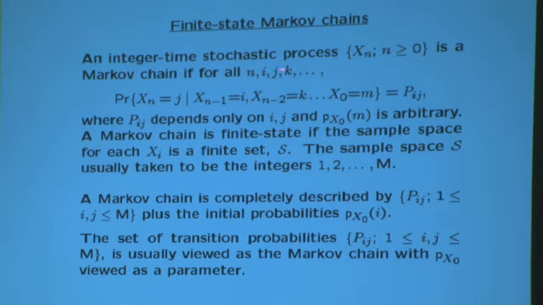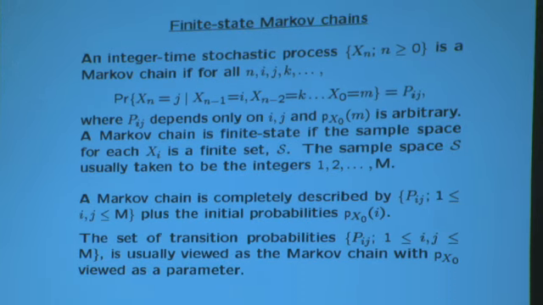Okay, an integer time stochastic process, X1, X2, X3, and so on, is a Markov chain if for all n, namely the number of them we're looking at, and for all i, j, k, l, and so forth, the probability that the nth of these random variables is equal to j, given what all of the others are, and these are not ordered now. In a Markov chain, nothing is ordered.